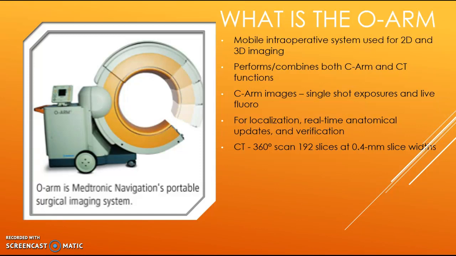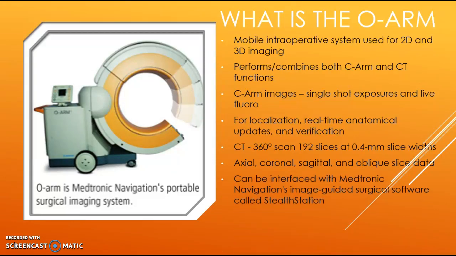The CT function aspect of it, or the 3D imaging, gives you a 360-degree scan at 192 slices at 0.4 millimeter slice widths. So you get your axial, coronal, sagittal, and oblique images. The cool thing about the O-arm and its main purpose is that it's interfaced with a navigational system by Medtronic. The software is called the Stealth Station.